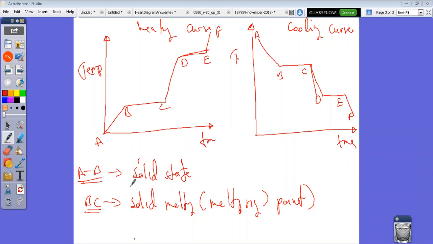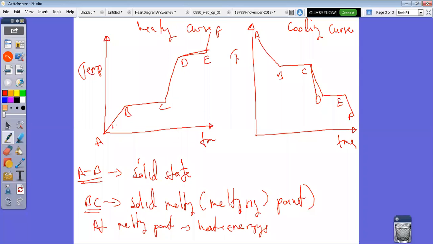Because why? This is a solid, and this solid is now turning to a liquid. Because at melting point, you can write the reason. At melting point, the heat energy is used, right?